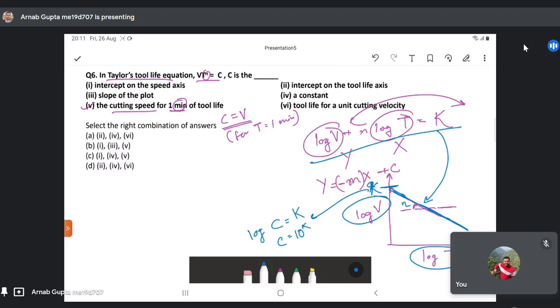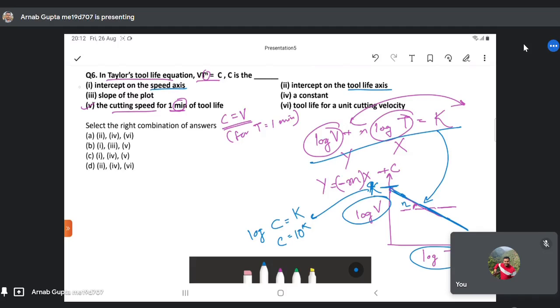Here we are taking logarithmic scales, but in the question it hasn't been mentioned that the speed axis and the tool life axis are logarithmic, but you can assume them to be on logarithmic scales, and you can write that it is the intercept on the cutting velocity axis, right?